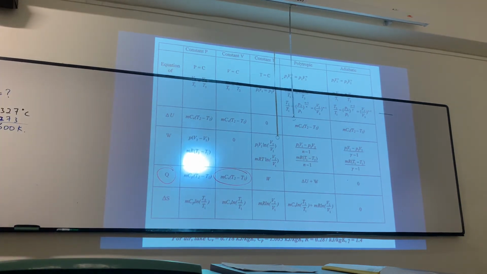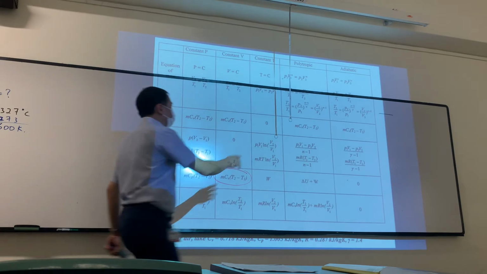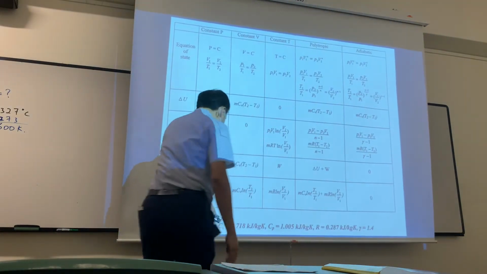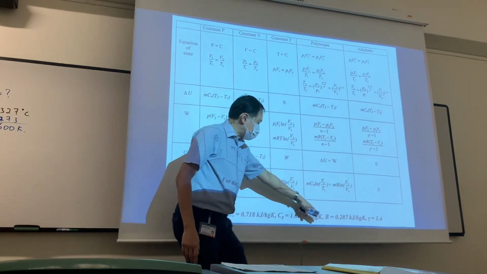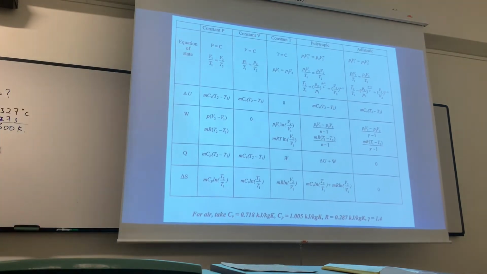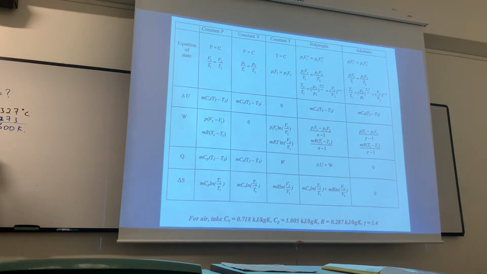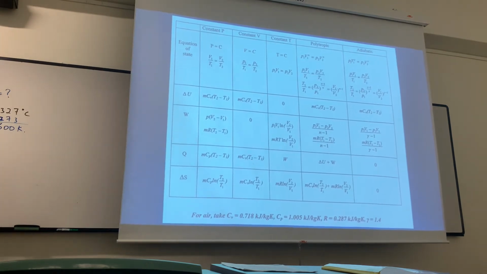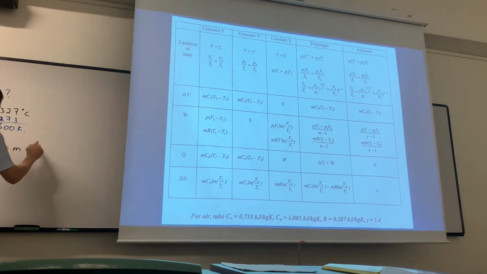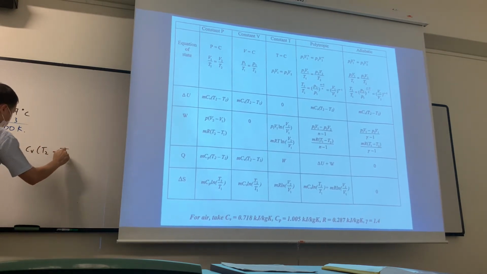In case you ask me what is the value of Cp, Cv, all these are given. So let me write here. Q equals mCv(T2 minus T1).